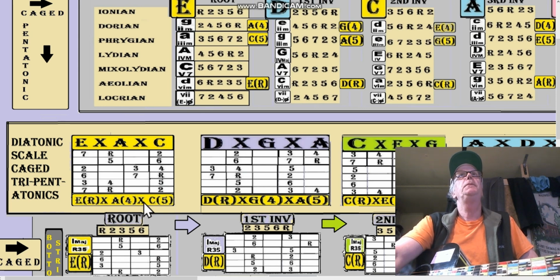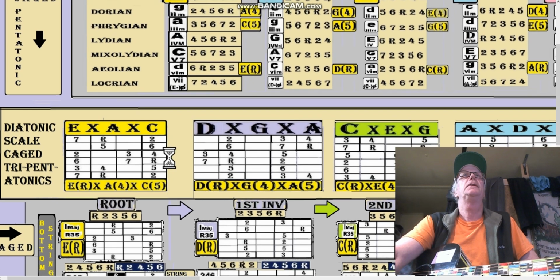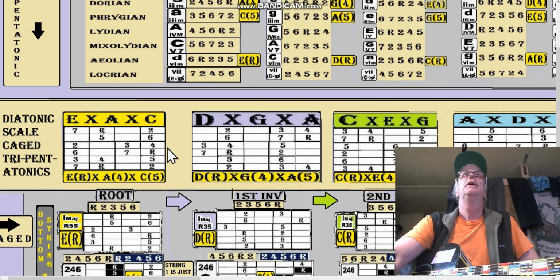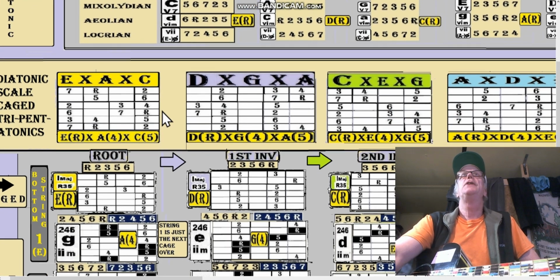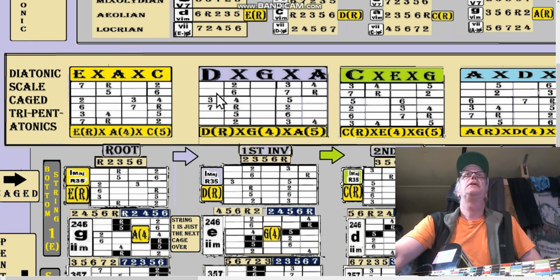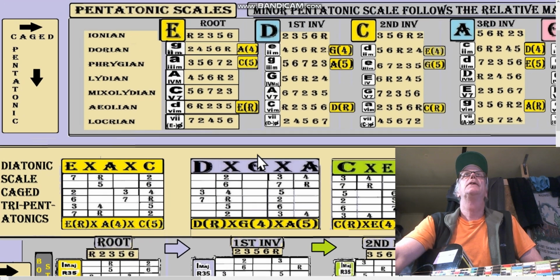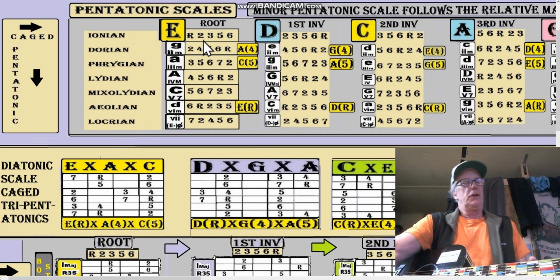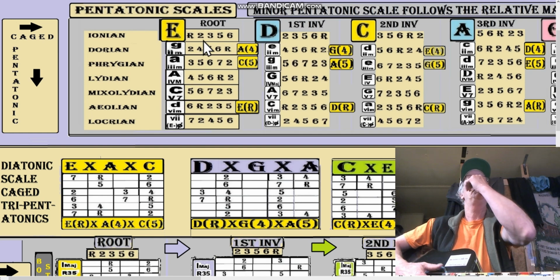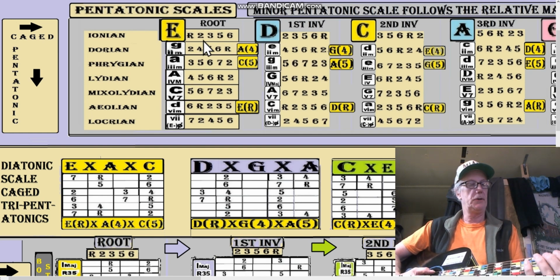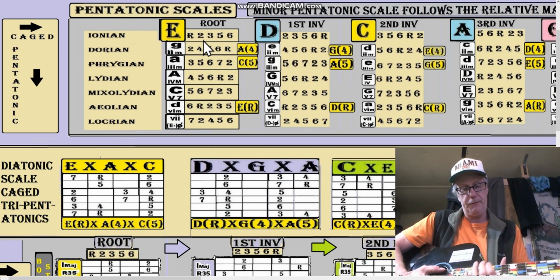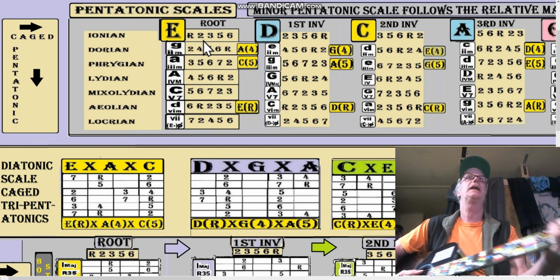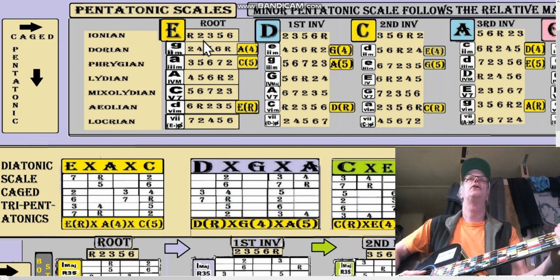I don't mean the parent as the relative majors. They could be, but that's not what I'm considering. I'm considering them the diatonic scales. So these are those cages. Starting with the root, I have to play it up here because I can't get the third.